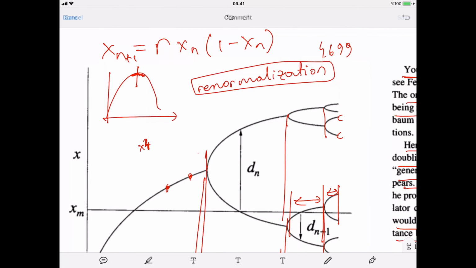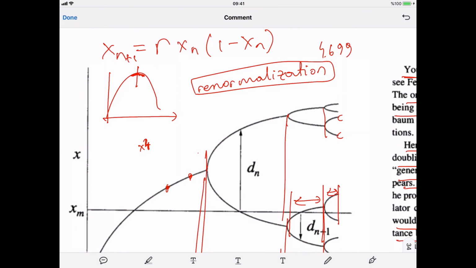Can I ask something? Yes. So if we compare different humps with x to the 4, would they also give the same constant as well? No. I mean, a plot that has not a quadratic hump but a 4th degree hump, I know they are going to be different from 4.669.